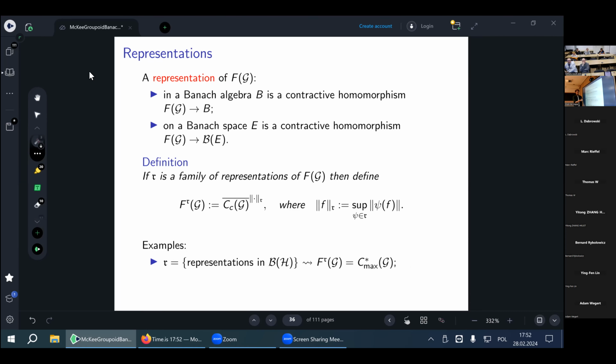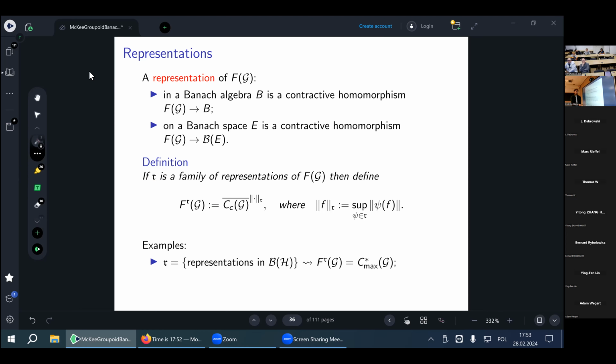So if R is a family of representations in this sense in some Banach algebra, then we can norm C_c(G) by these representations in the standard way: the supremum of the norms of psi(f), where psi comes from the class.